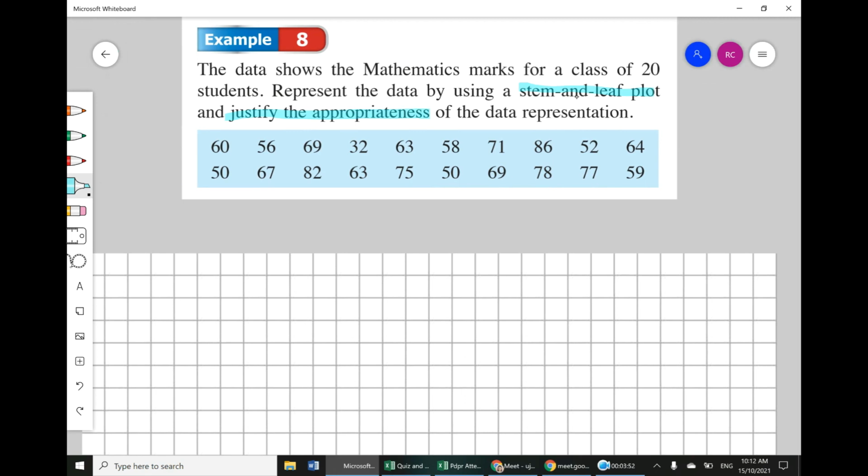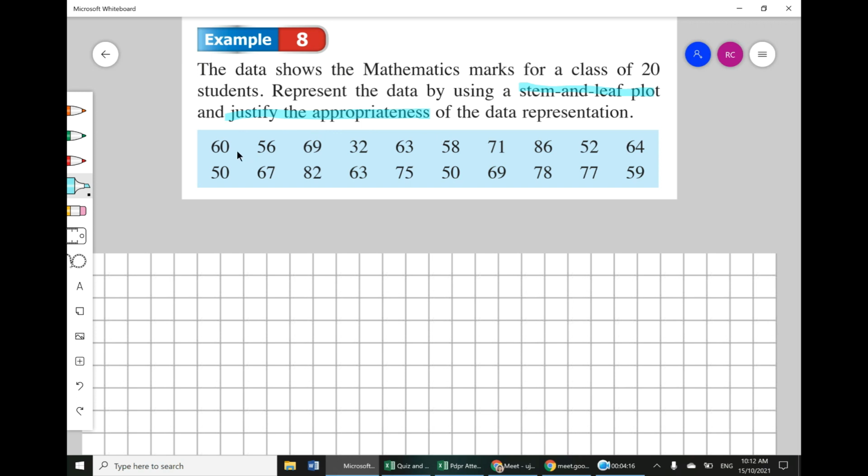In the previous exercise, for those who had handed in, I still noticed there are 1/3 of you who forgot to justify the appropriateness of the data representation. That is for the line graph and also the dot plot. Hopefully after this, you will justify the appropriateness of the stem and leaf plot here.